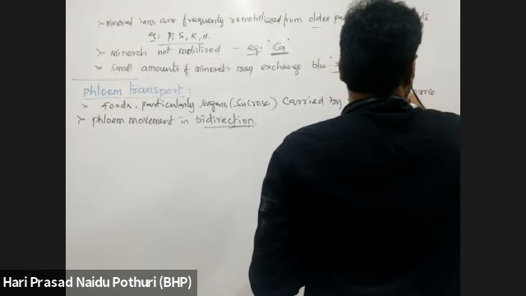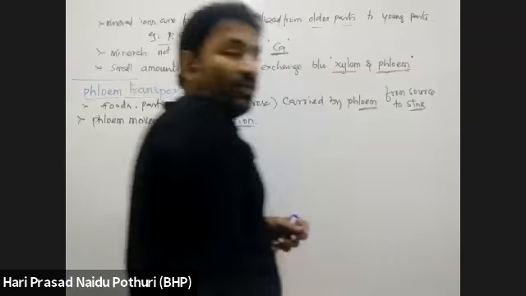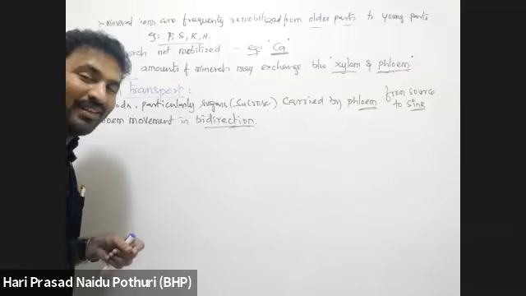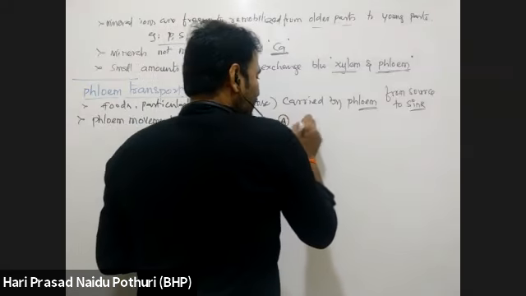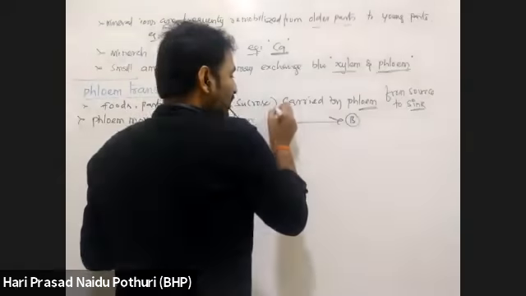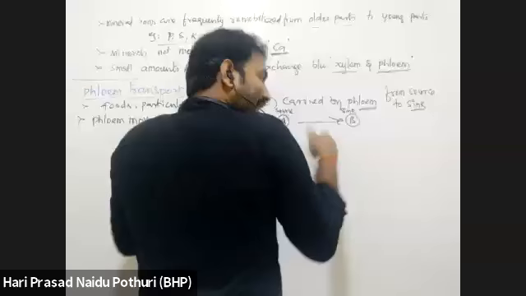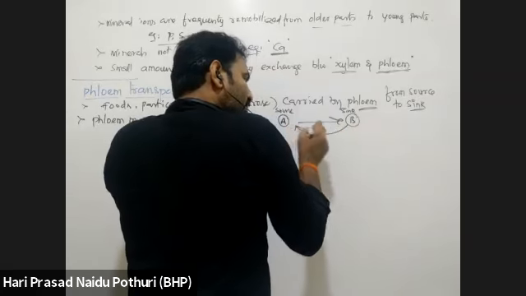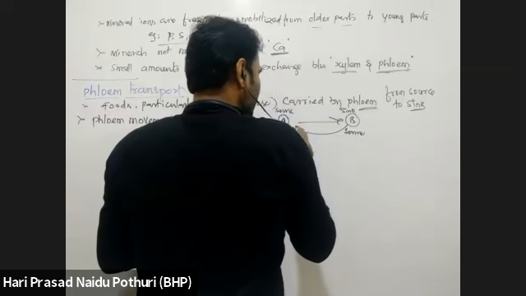See here, first from A to B there is a transport of a substance. For this, A is the source and B is the sink. Next time it may be reversed, from B to A. Now this is the source and this is the sink. Like that we can say.